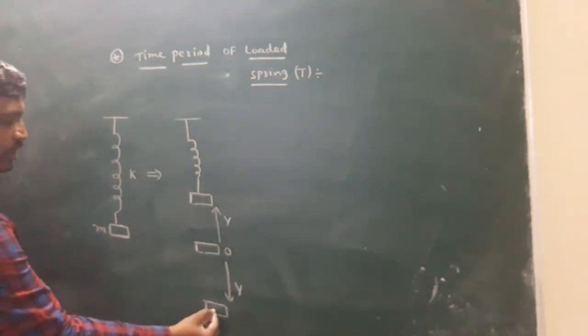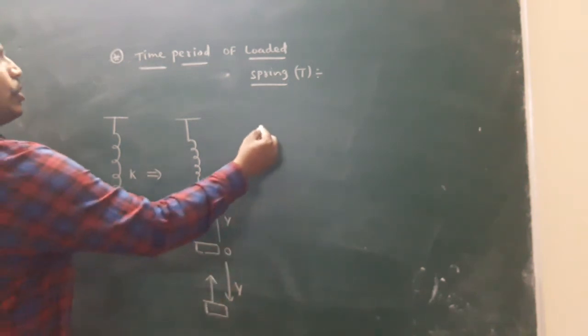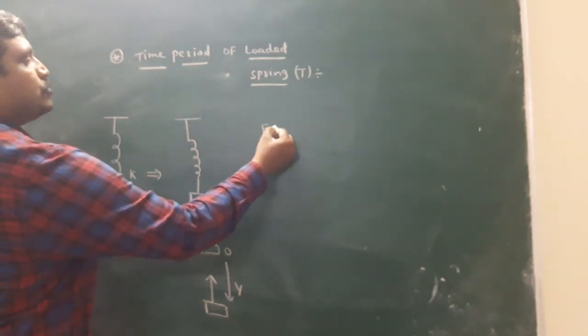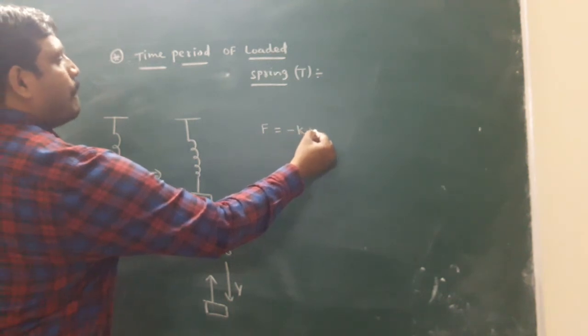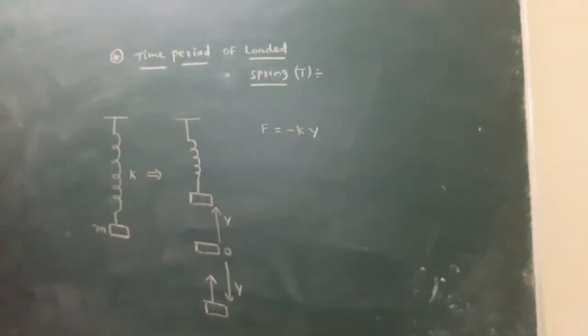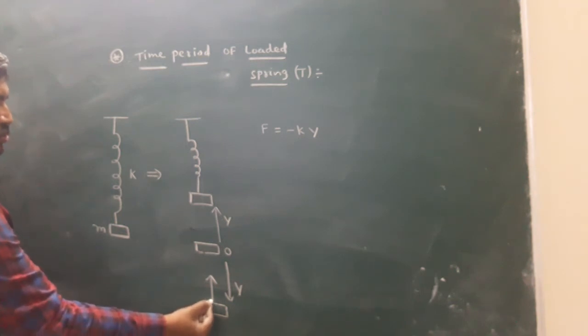In this situation, the body moves upward. This is called the restoring force. What is the restoring force formula? Minus Ky. In this position, the body restores its original position.